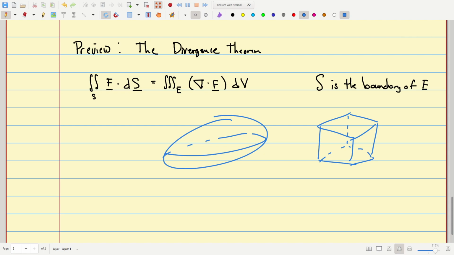These are the kinds of surfaces we're talking about for this theorem.